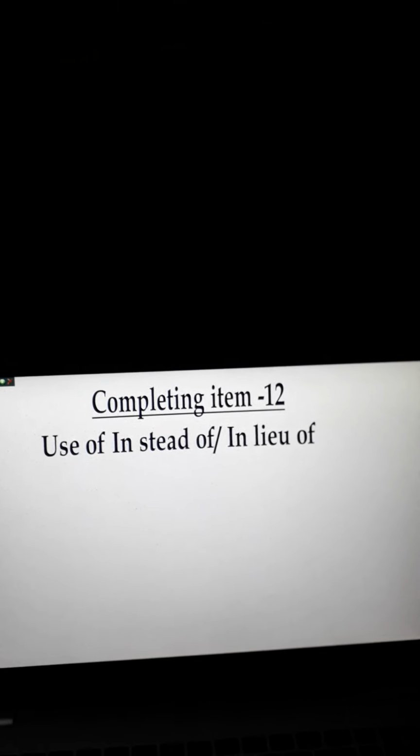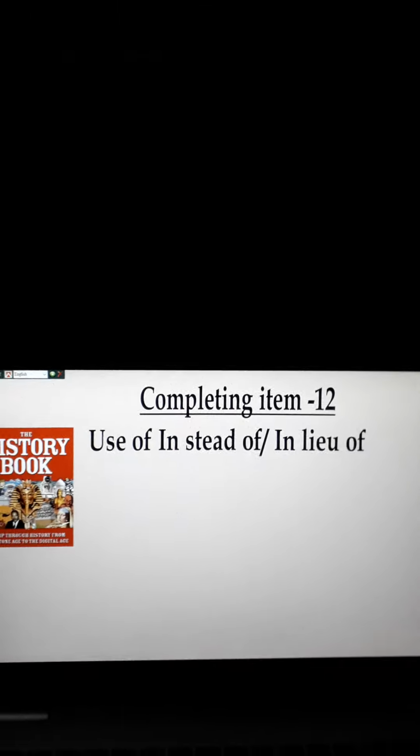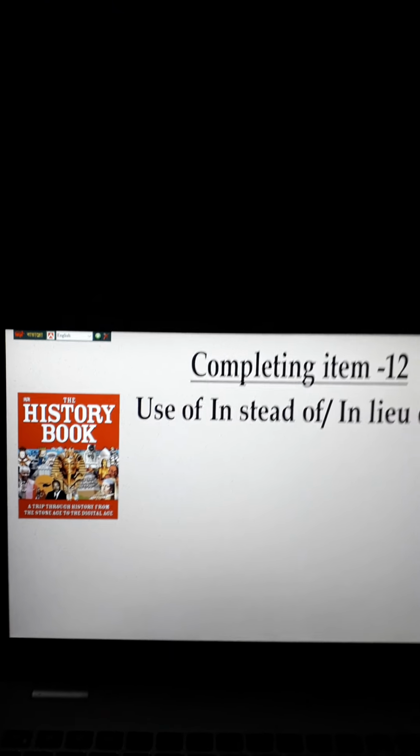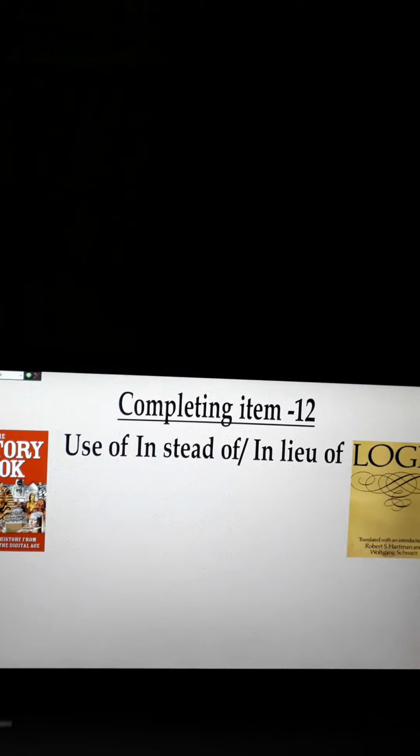Completing item 12. Use of instead of or in lieu of. Stray books, logic.